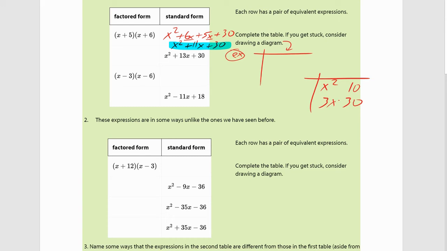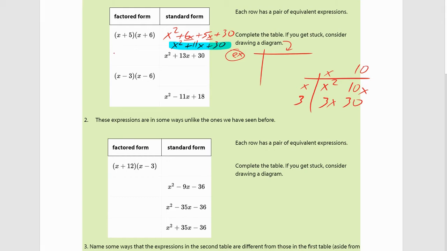So x times x gives us x squared. 3 times x is 3x, and x times 10 gives us 10x. 3 times 10 is 30. And the x's add up to 13x.